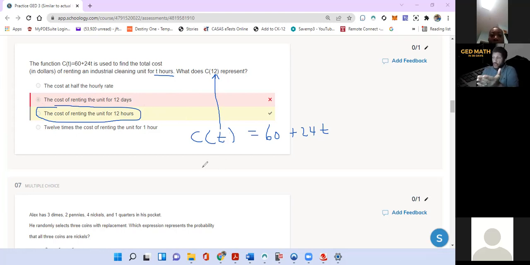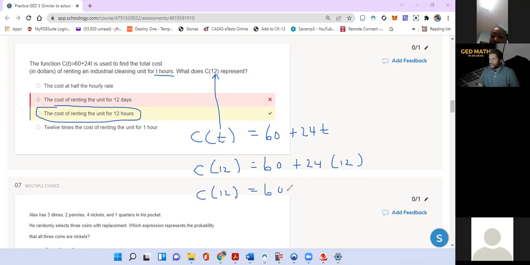All you do is say C of 12, and everywhere you see t, you put a 12. That's 240 and 48. 240 and 48 is 288.